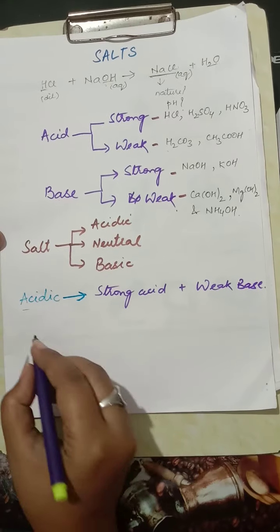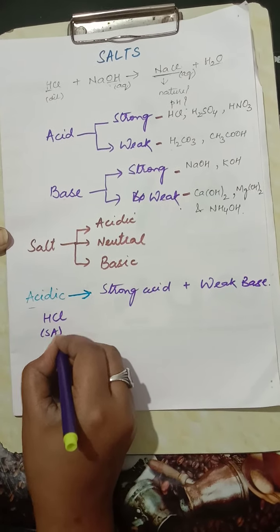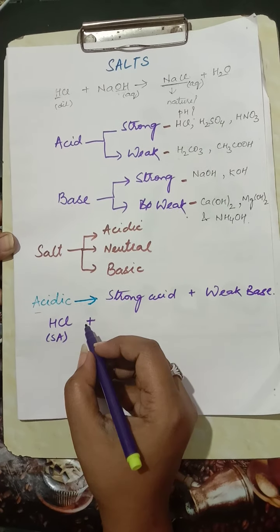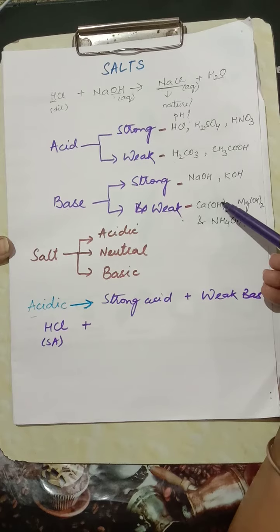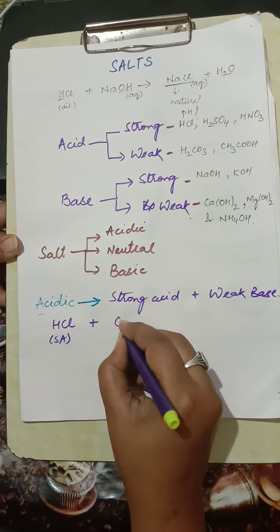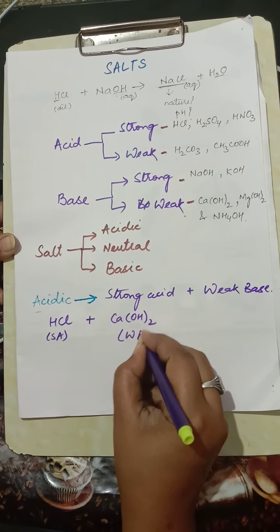Strong acid, for example, HCl. This is strong acid. When this strong acid reacts with weak base, for example, calcium hydroxide, it is weak base.